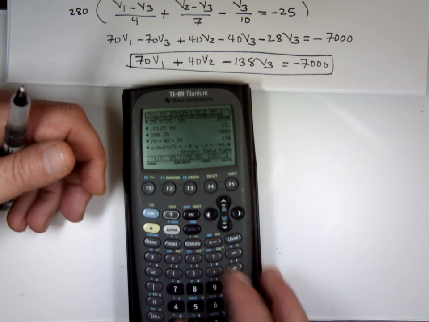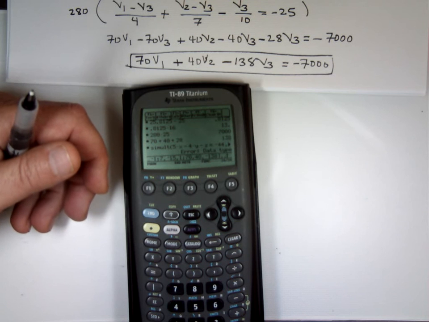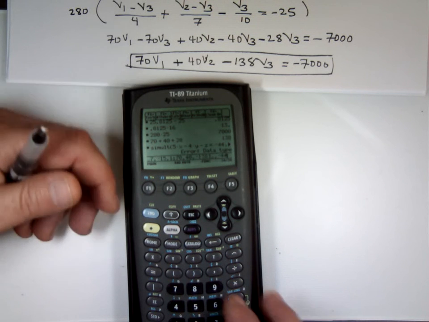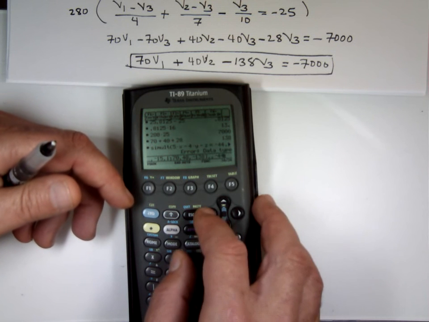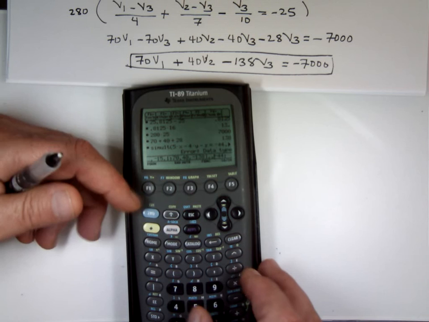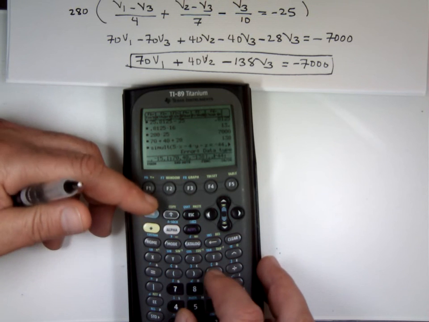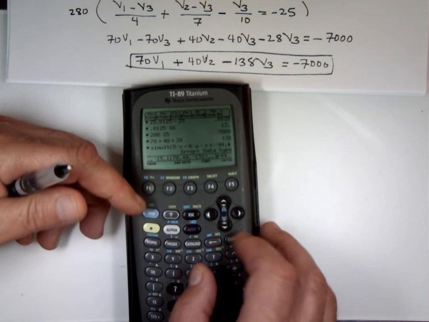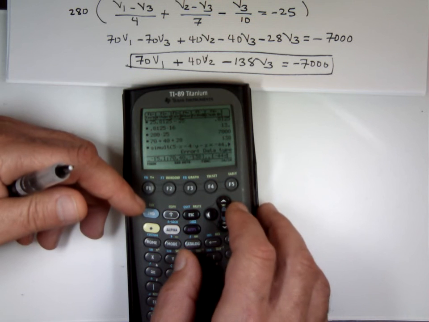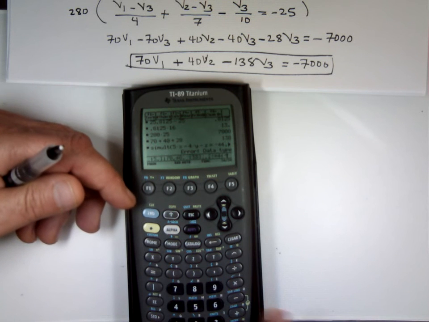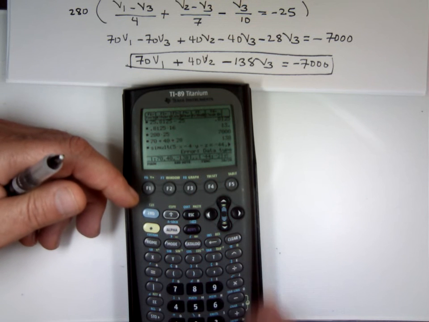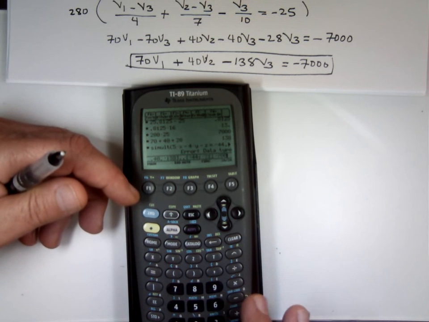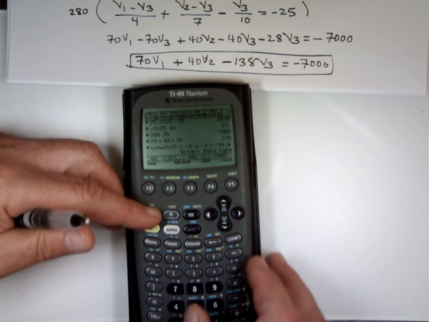So negative 44, semicolon. Oh, I forgot the square bracket. Negative 44, semicolon, negative 21, semicolon, negative 7,000, close square bracket, close parentheses, I think.